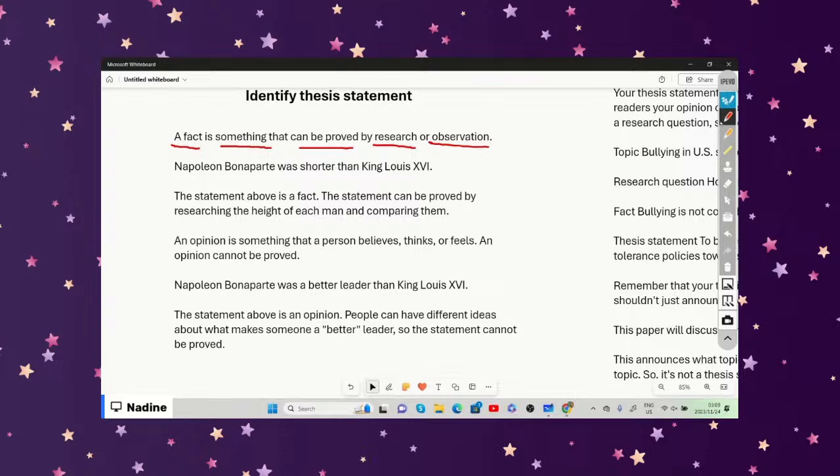Then an opinion. An opinion is something that a person believes, that a person thinks or feels. And an opinion cannot be proven.